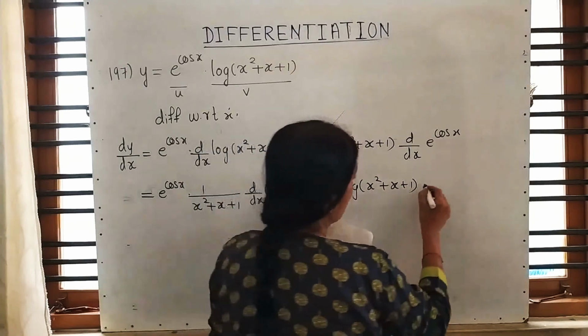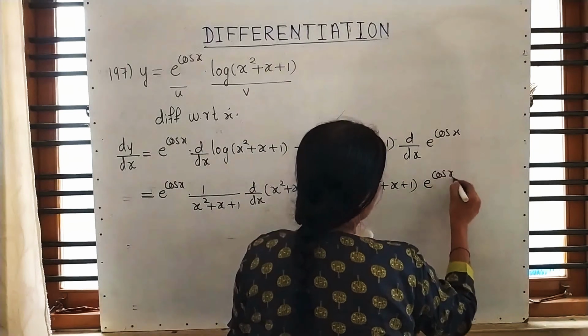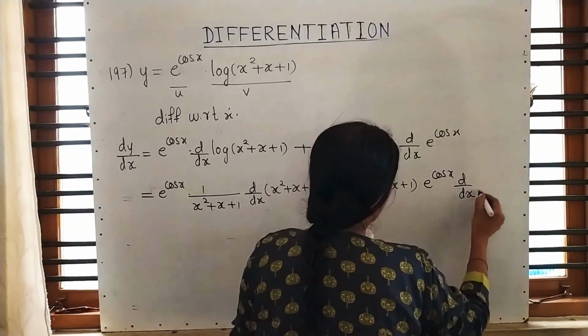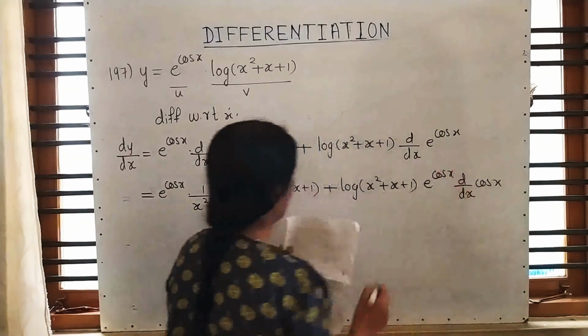Differentiation of e raised to cos x is e raised to cos x into differentiation of cos x.